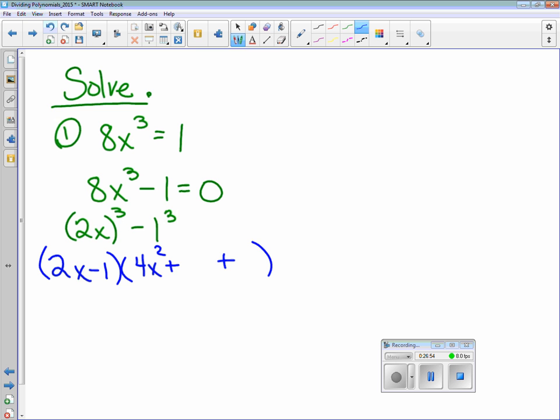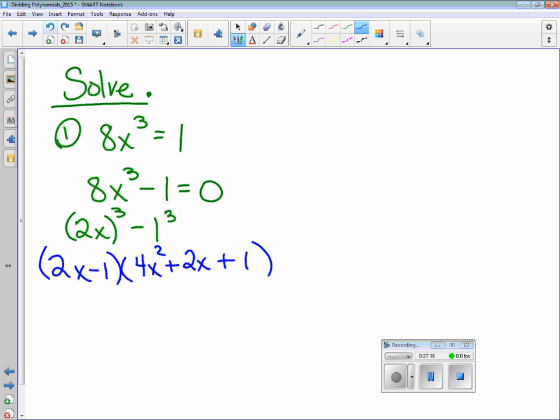It's using that formula that I had up on the board just about 15 minutes ago. That A and B formula. It's important to have that down. Then we have A times B, or 2x times 1, which is just 2x. Then we have B squared, or 1 squared, which is just 1.